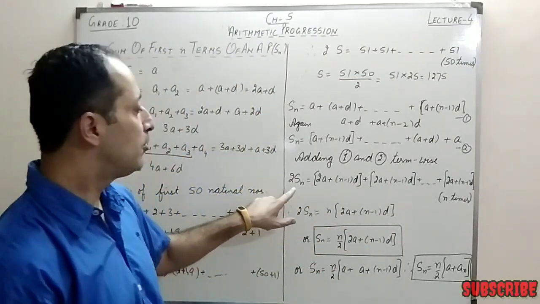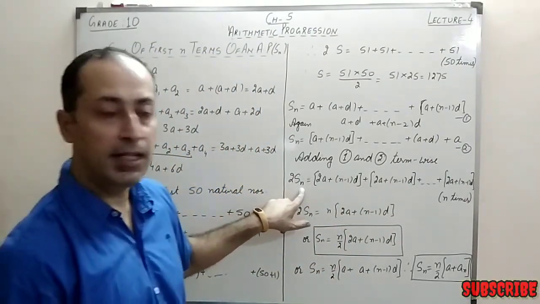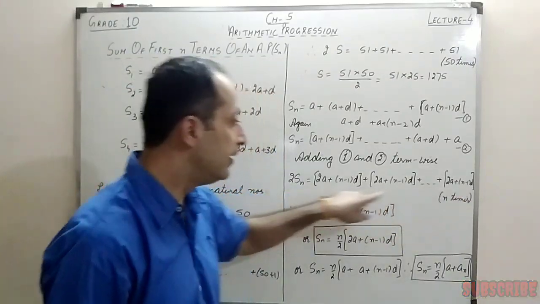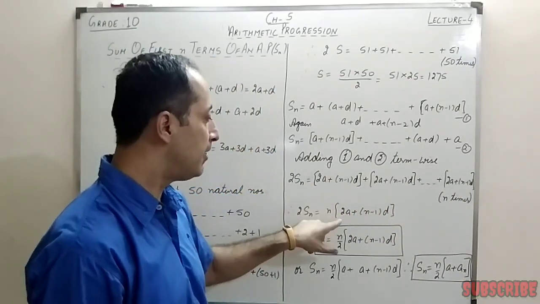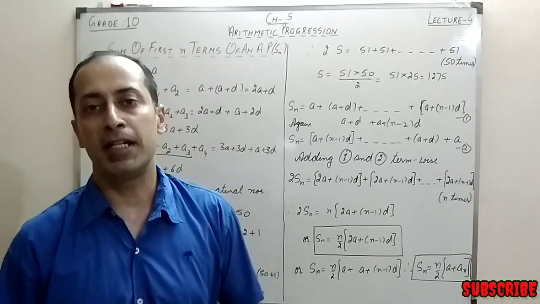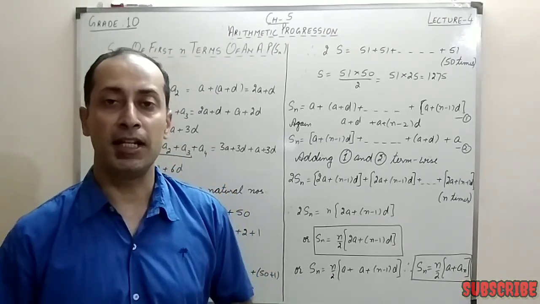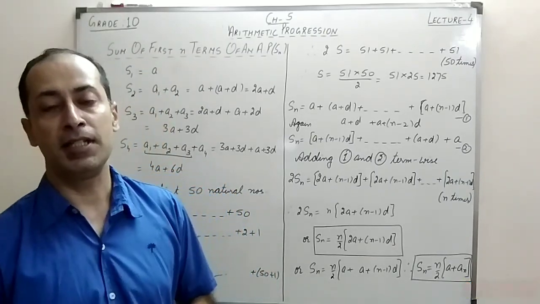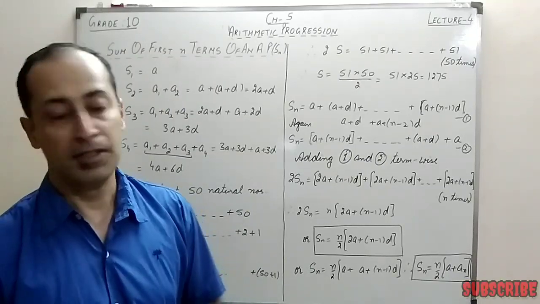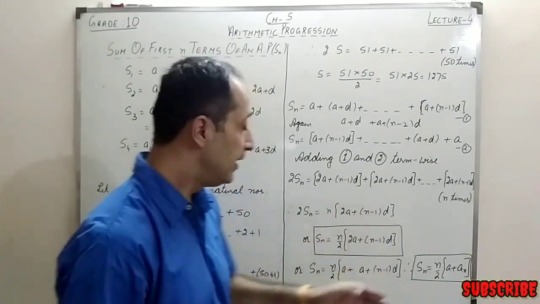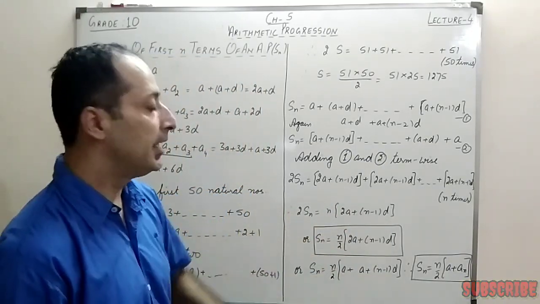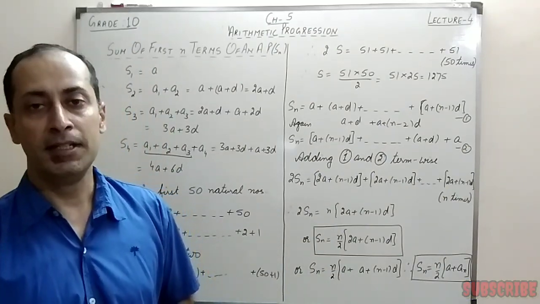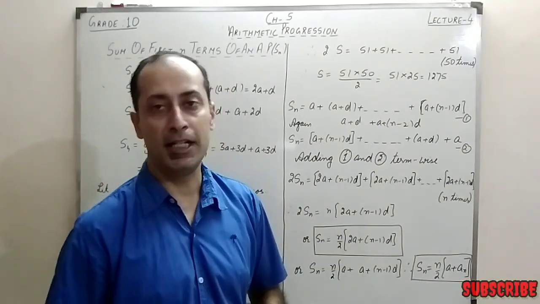So it means 2 times Sn can be written as, these are n times, so n multiplied by 2a plus n minus 1 into d, using the relation that we know that multiplication is a repeated addition. So using that relation, we are writing this, and then sum of n terms becomes n by 2 into 2a plus n minus 1 into d.